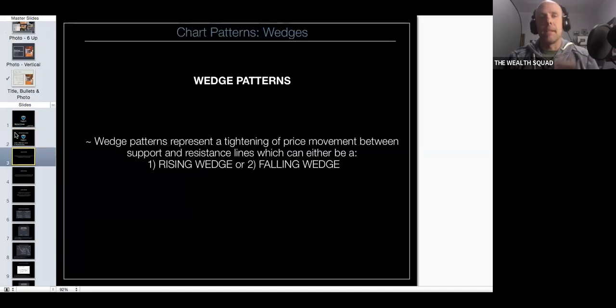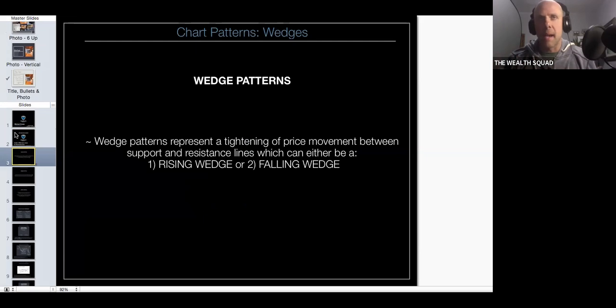All right, so talking about the wedge patterns, it's hard to understand what they are without knowing what it is. The wedge pattern represents a tightening of the price movement between the support and resistance lines, which can be one of two things.